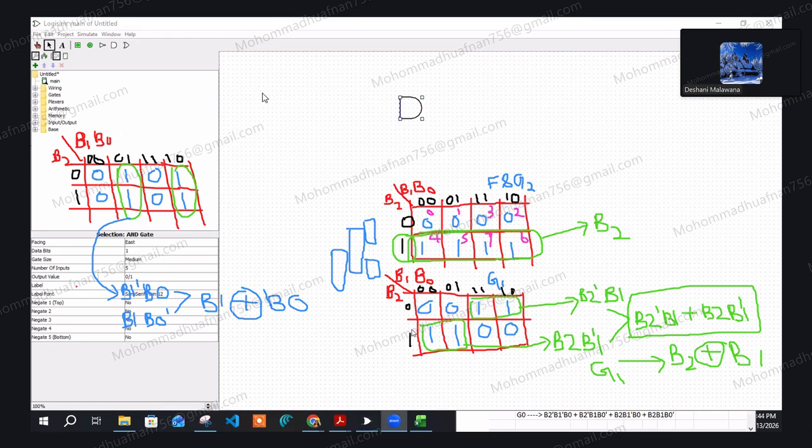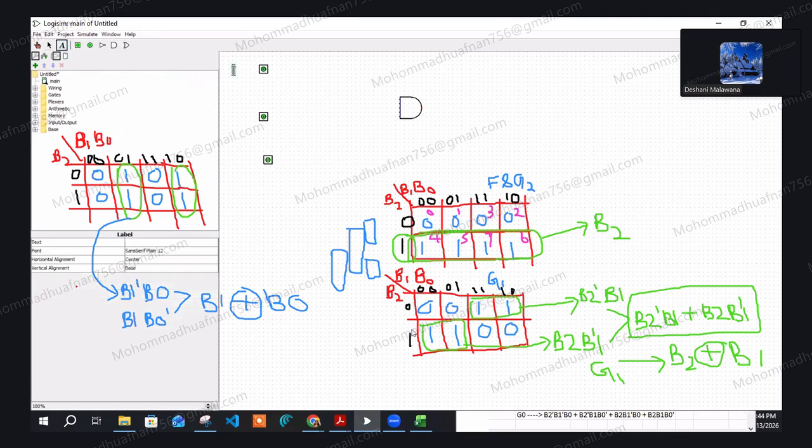So here we can directly take this B2 as same as, right? For this one, this is one input, this is one input. So good. So we will consider this as B2, then this one as B1, and this one as B0.